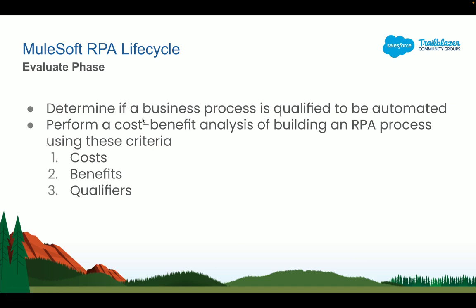I'll be explaining more in depth about these three criteria, which will help you understand whether your business process can be automated by MuleSoft RPA or not. And this estimation is purely based upon whether automating this process using MuleSoft RPA would fetch you a higher ROI or not.